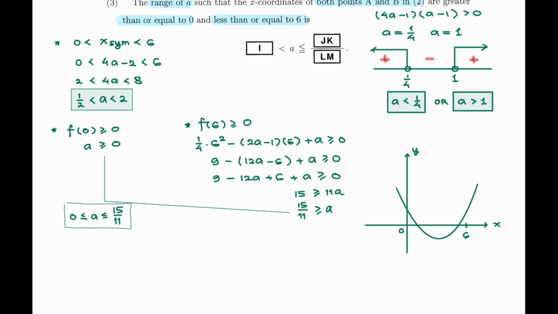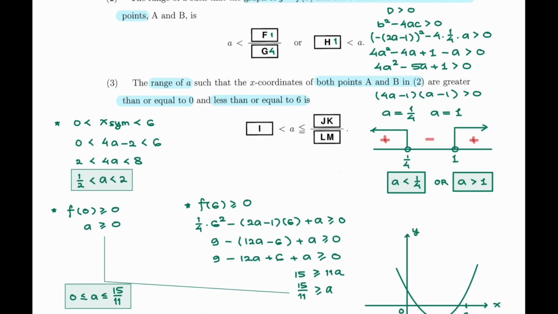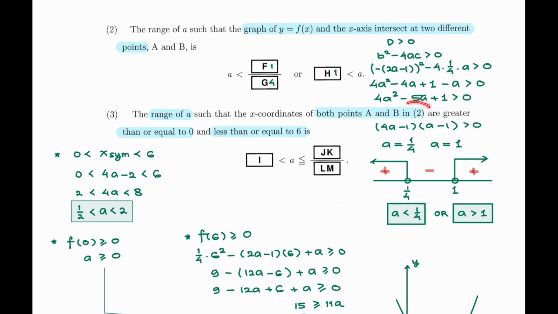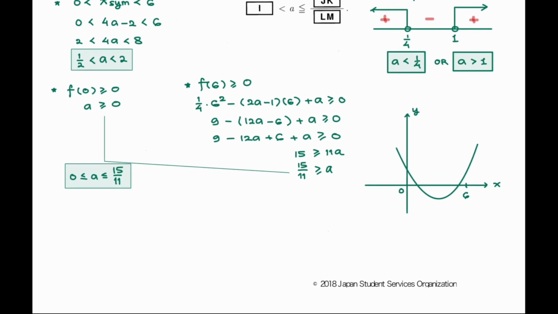And then, of course, we have the third condition, which is the condition that is satisfied in question number 2, which is a less than 1 over 4 or a greater than 1.